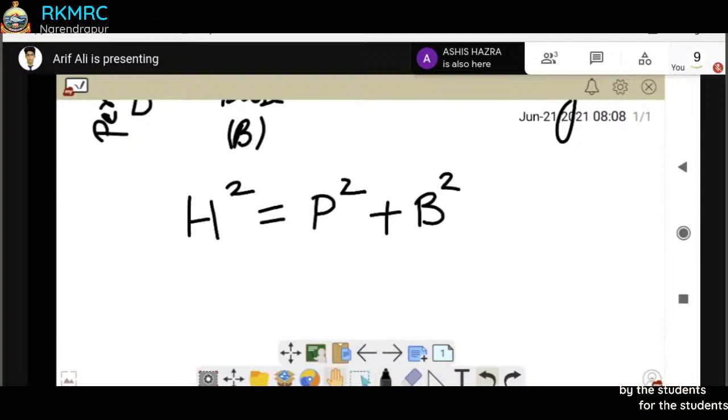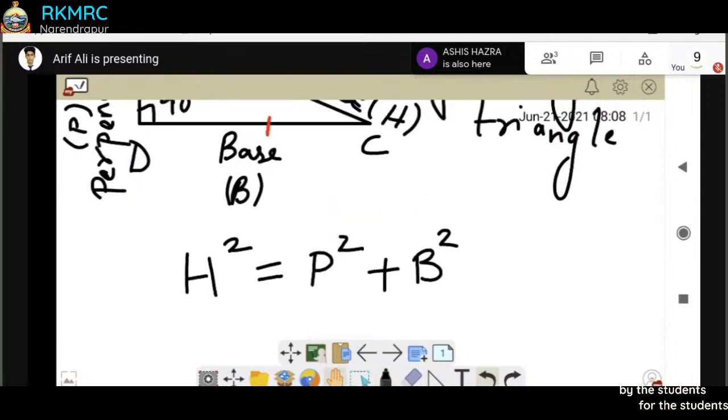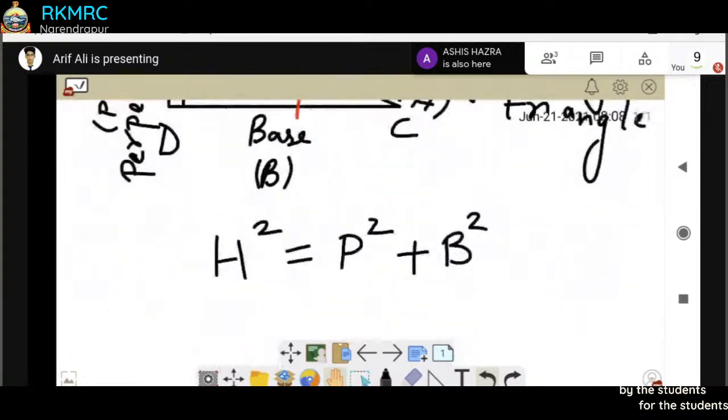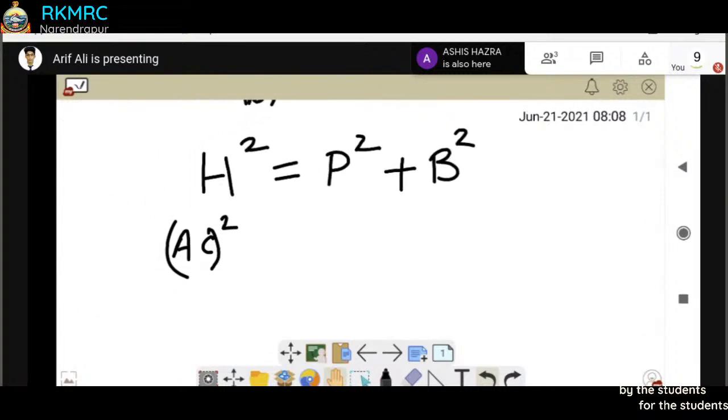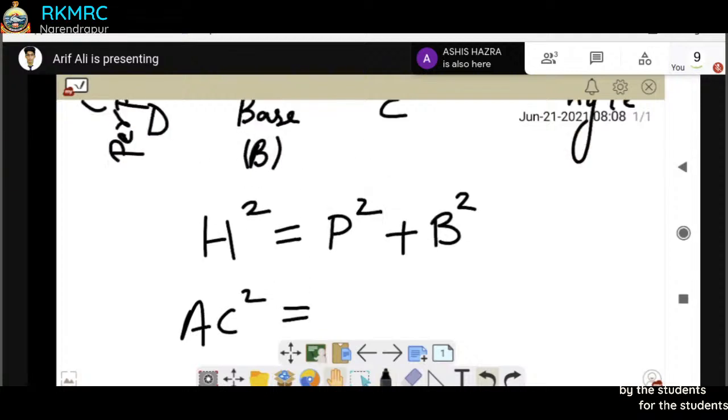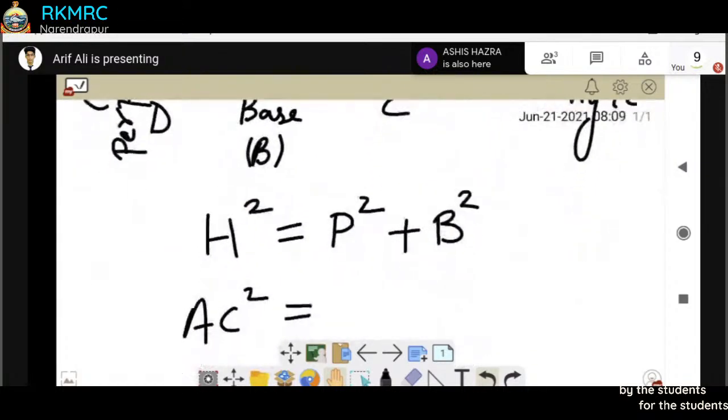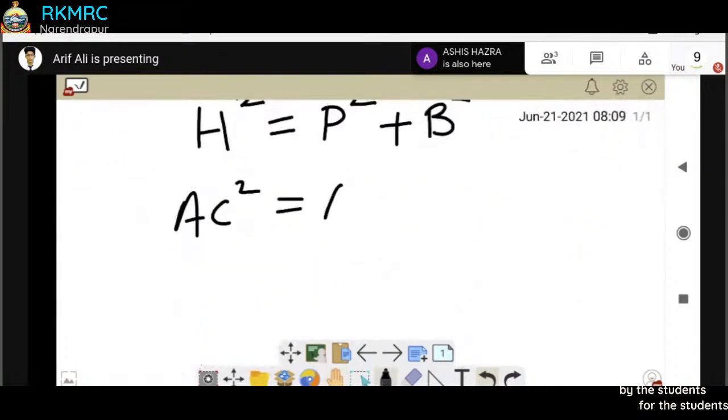Basically H square is your AC square. Don't write it like this, this is something wrong. You need to write it like this: AC square is equal to AD square plus DC square.